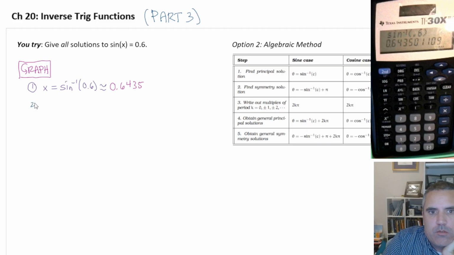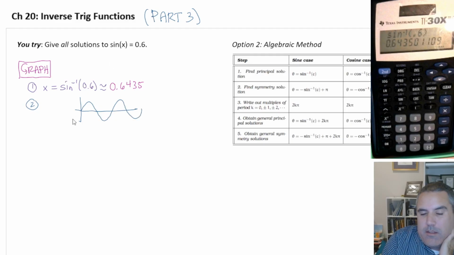Step 2, we draw the picture. Now, I know what sine looks like. This particular one is just the normal sine that goes up and down and up, starts at 0, repeats every 2 pi. If you do this enough, you get to where you maybe don't even need to graph it, but having the picture in your head is really helpful. So that's what I have now.